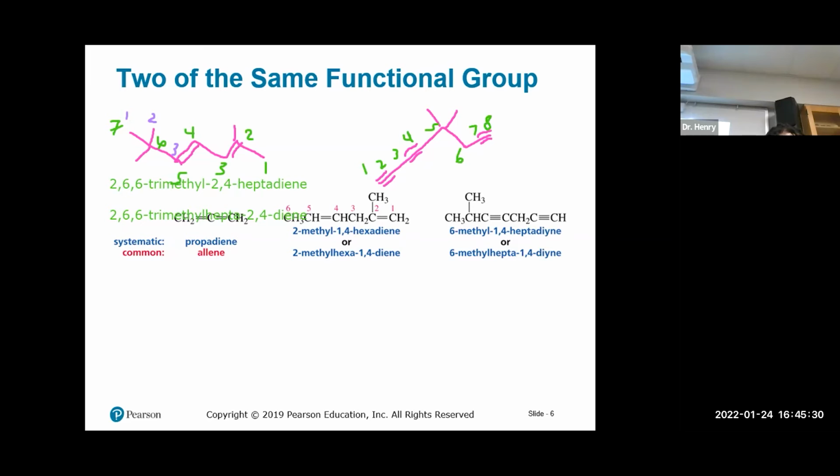Or we can go the other direction, which is 1, 2, 3, 4, 5, 6, 7, 8. Who's going to give me the lowest numbers?